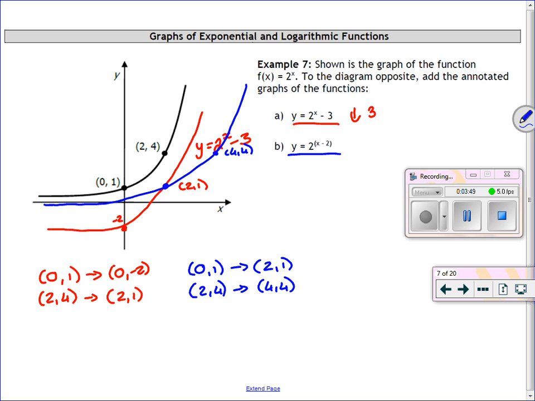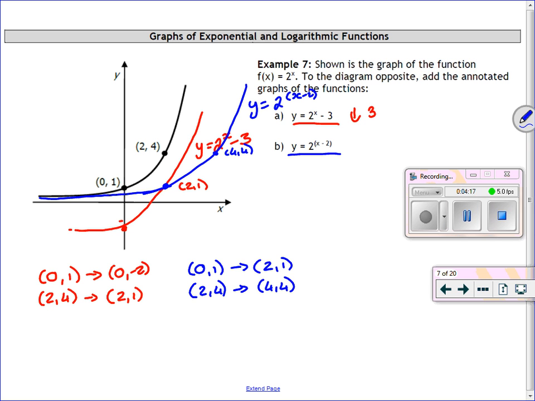Yeah, it's probably going to be a bit more like that. Take this bit at the bottom here out, because we're just moving that across. So it's going to look like that. And that is a graph of y is equal to 2 to the power of, in brackets, x minus 2.